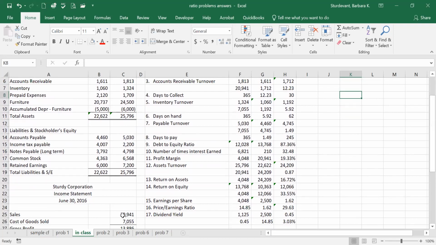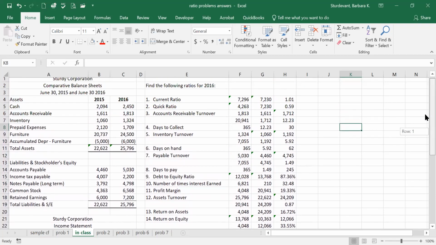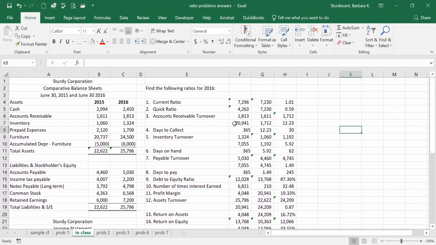So we have sales. No, let me take that back. Our top number is sales. So I want to know how quickly I collect my sales. So this is kind of a 2-step process up here. Sales is going to be on the top, but on the bottom, we have to average our accounts receivable.